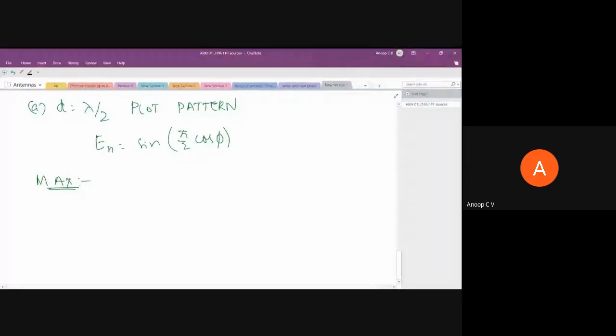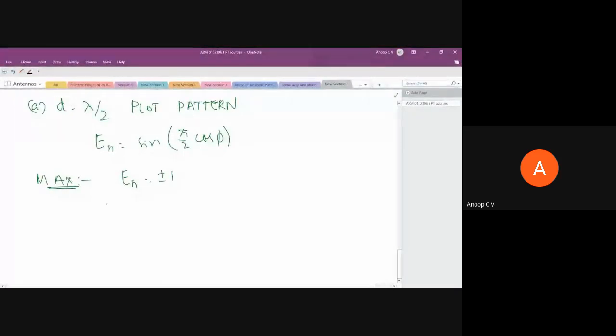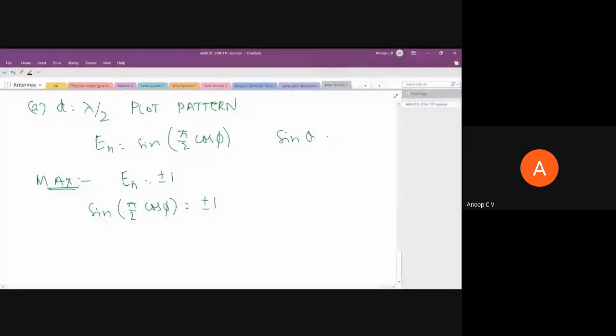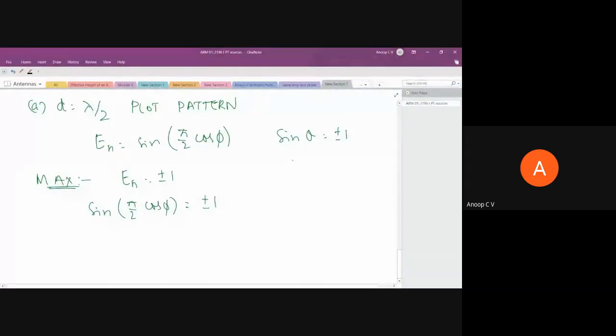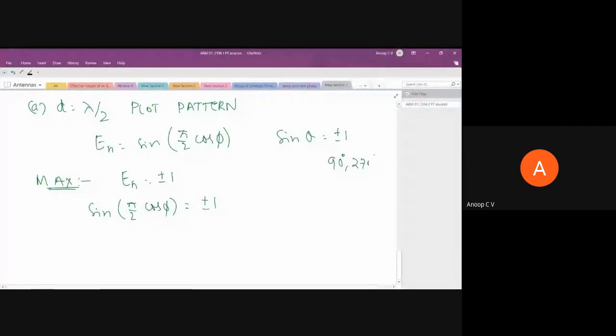To find maxima, En is equal to plus or minus 1. That is sine of pi by 2 times cos phi is equal to plus or minus 1. So sine of theta has to be plus or minus 1. So it's either 90 degree or 270 degree, or plus or minus 90 degree.